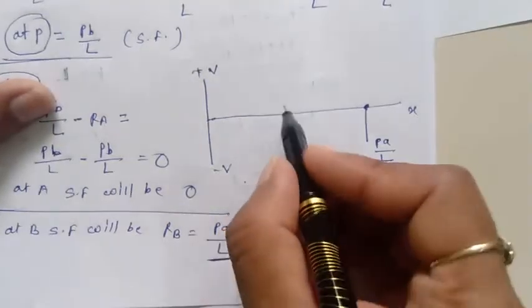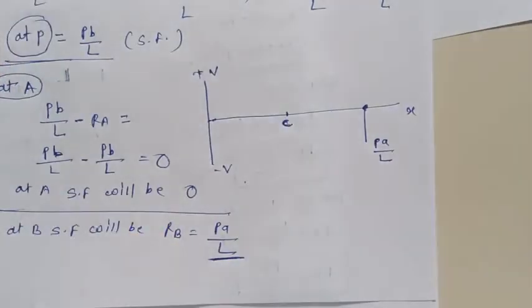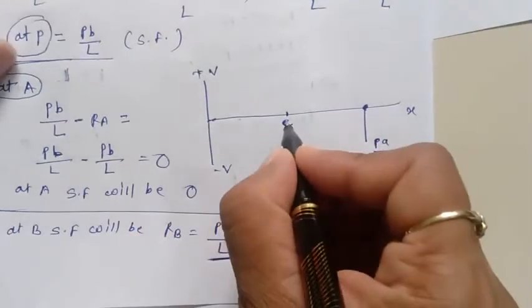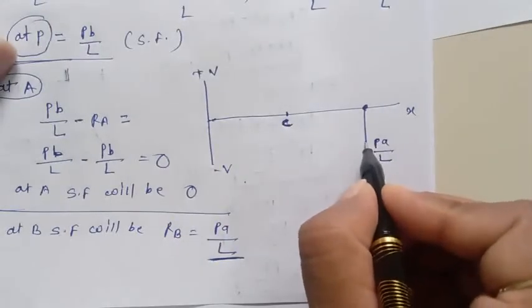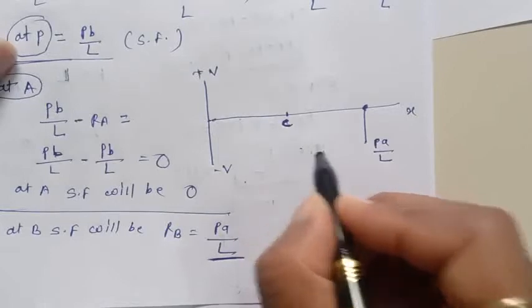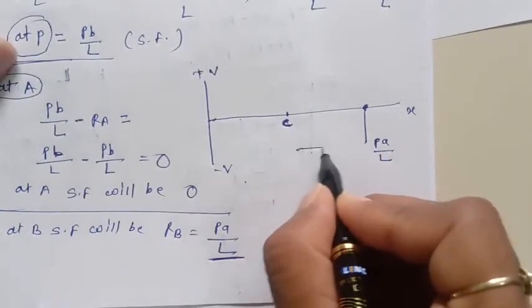And at P, this is point C, or at P we can say, or at C, no problem, both are the same, C point or P point. There is no load in this span, so it goes as a horizontal constant line.